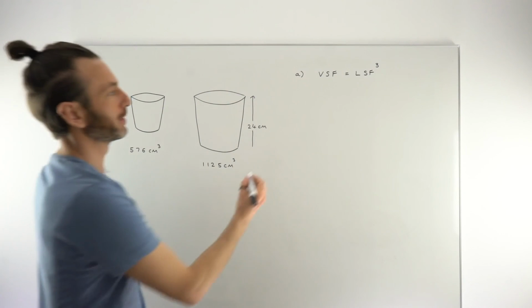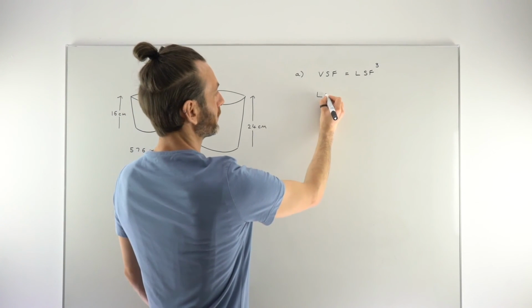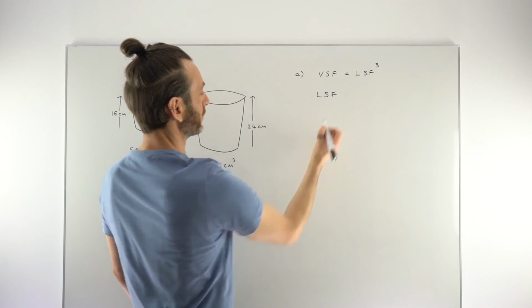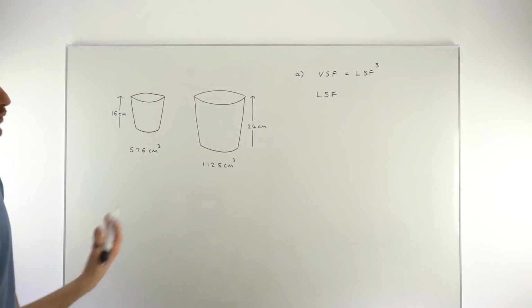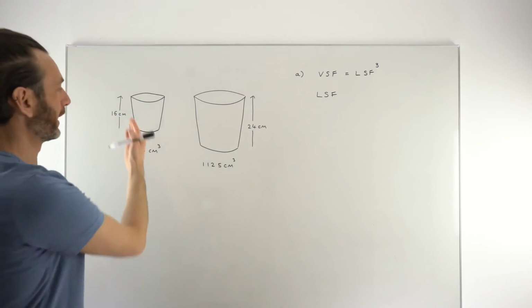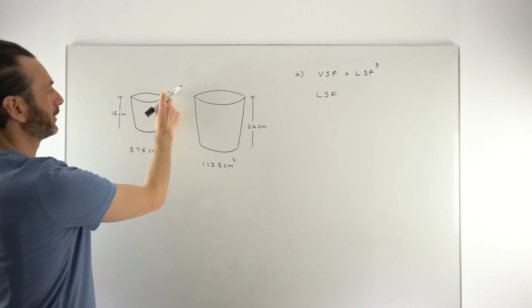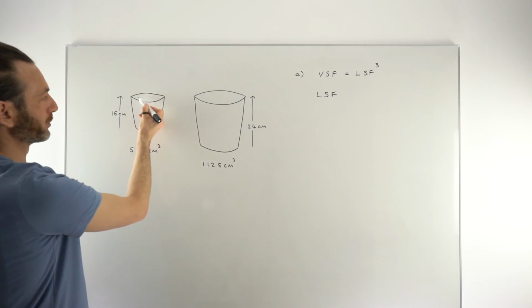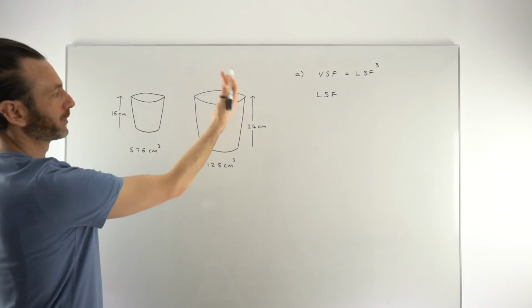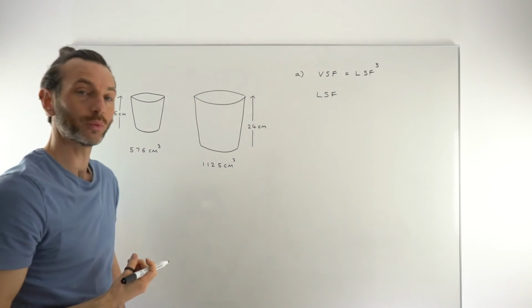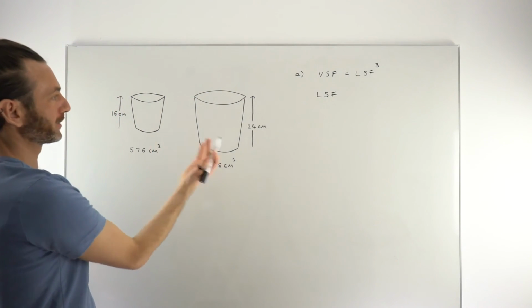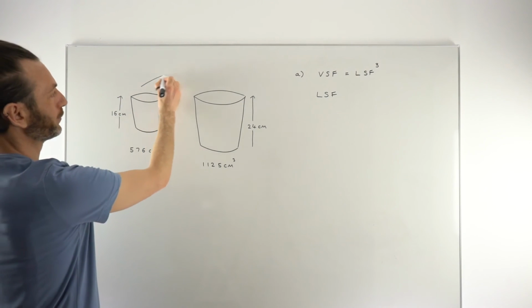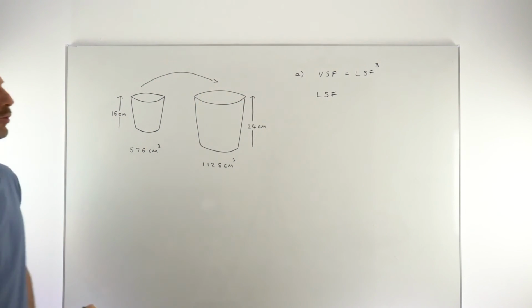Okay, so let's just start by making the linear scale factor. So the linear scale factor just compares the lengths and will give you the scale factor you need to get from one length to the other. So your linear scale factor depends on whether you're starting with a small shape going to the big, or the big shape back to the small one. It doesn't matter which way you go, as long as you're consistent in how you use that. So I'm going to go from the small shape up to the larger shape.